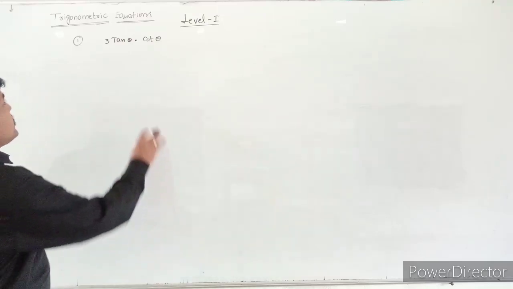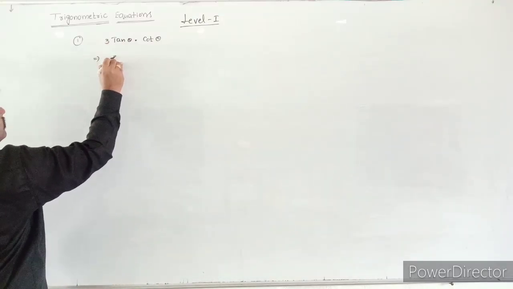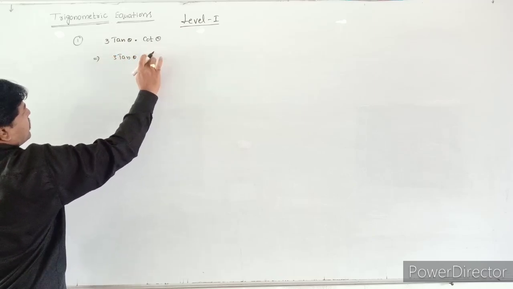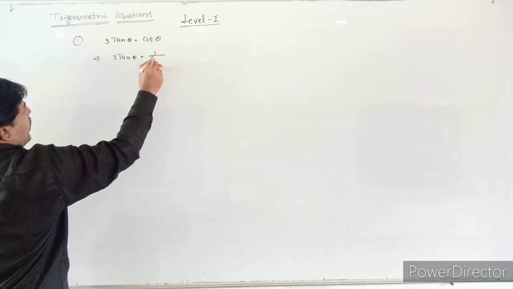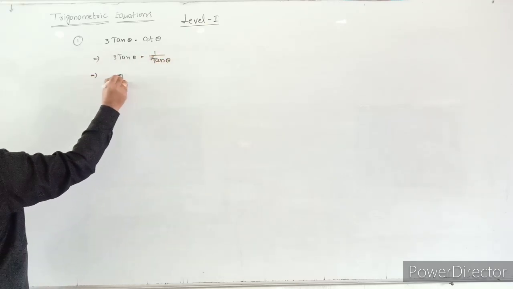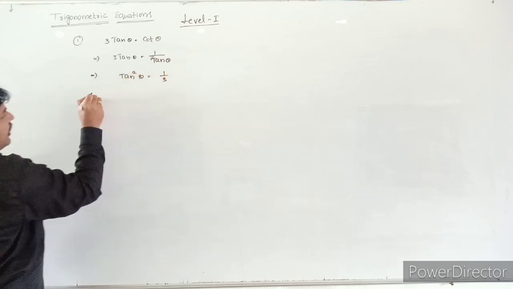So see this question, students. What I will do is, 3 tan theta is equal to cot theta, and you can write cot theta as 1 by tan theta, and take this tan theta to this side. What will it become? Tan square theta is equal to 1 by 3.